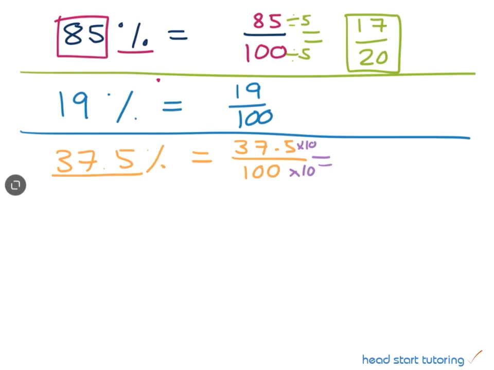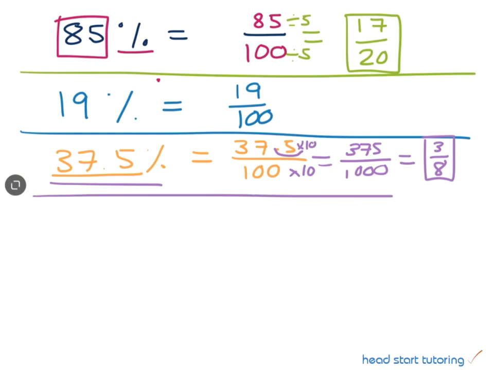So 37.5 multiplied by 10 will give us 375, and 100 times 10 will give us 1000. So we end up with 375 over 1000. We can divide both our 375 and our 1000 by 125 to get a simplified answer of 3/8. So 37.5% as a simplified fraction is 3/8.